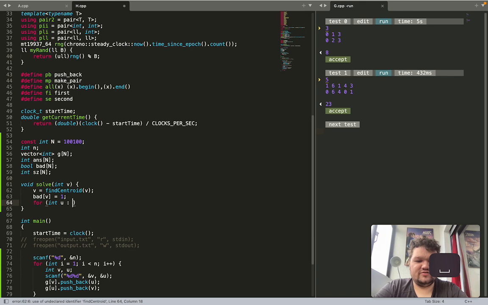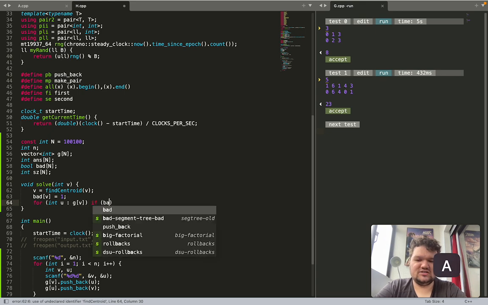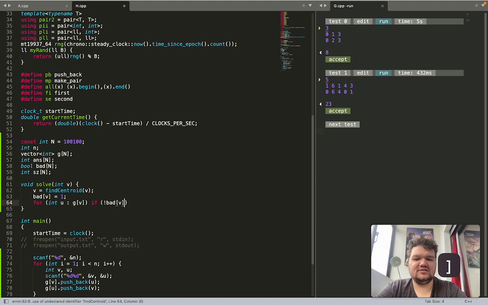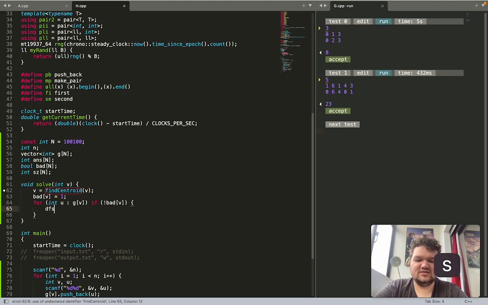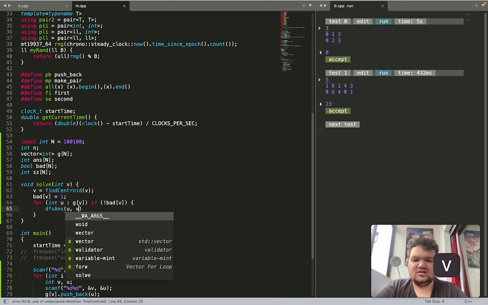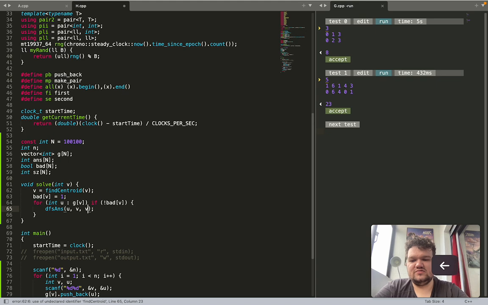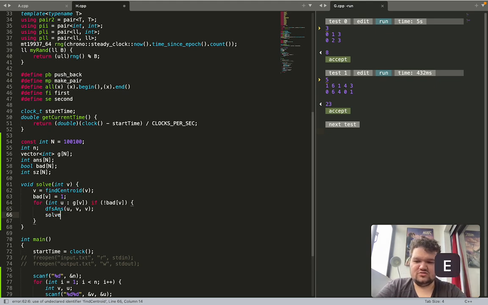So I'm iterating over the neighbors of v if they're not bad, which means that I will mark as bad the vertices that were deleted, the previous centroids. So if it's not bad, then it exists, and I should dfs ans u v. So for this vertex with this parent, set the answer to everything you can reach from this. And then just call solve from it, and that's it.